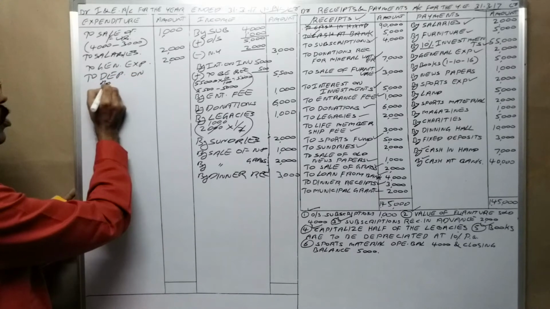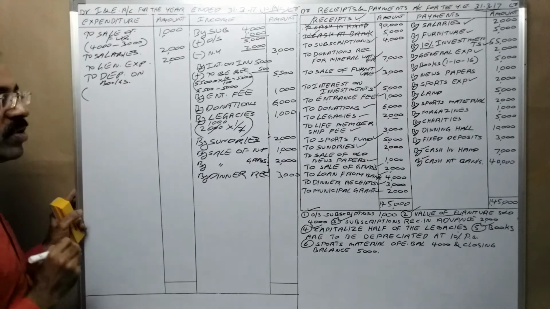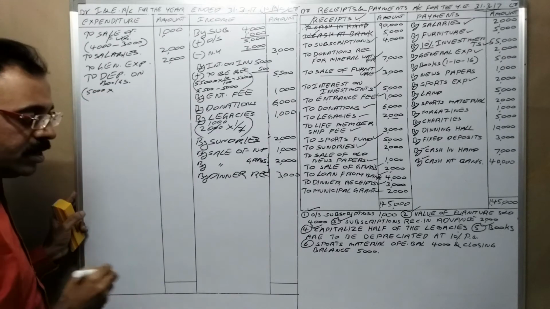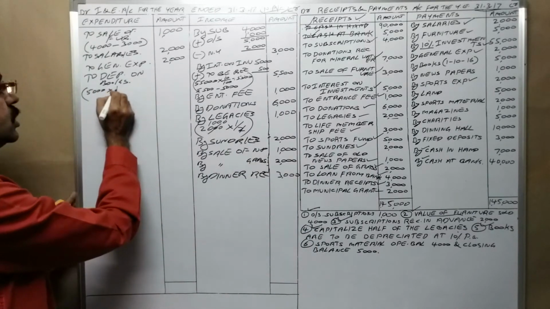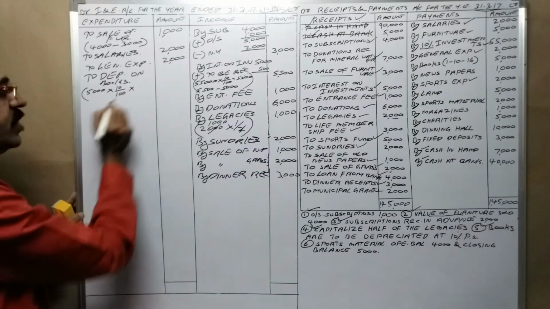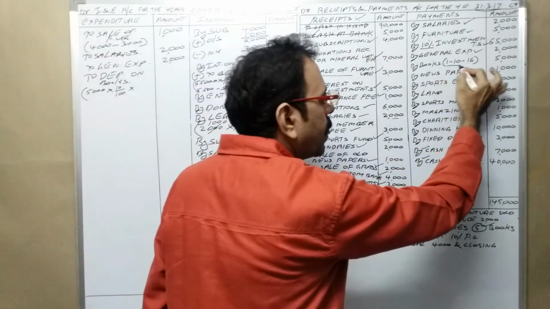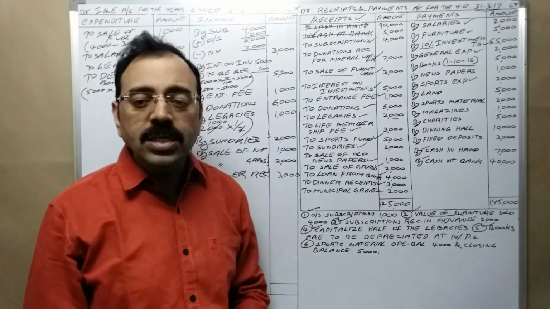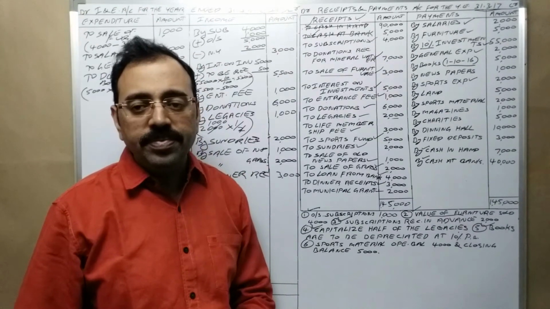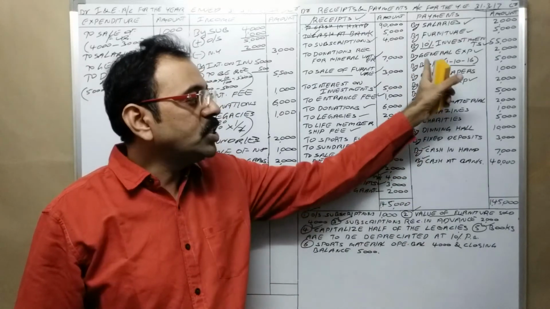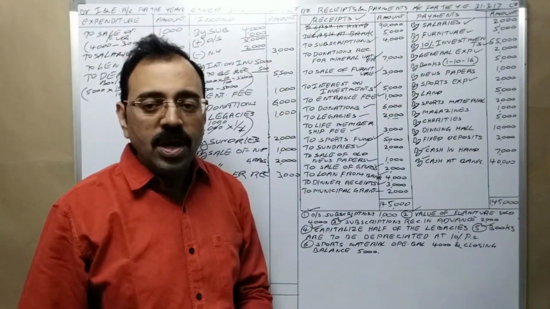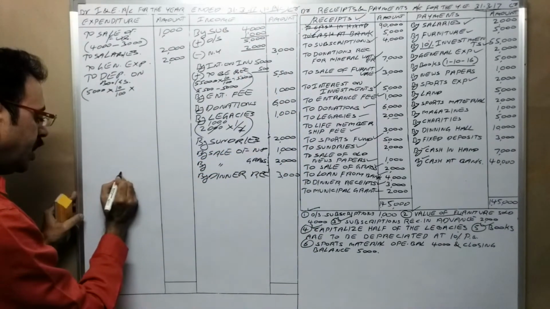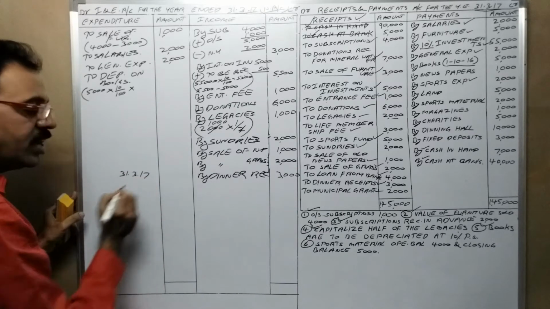Then, to depreciation on books. Books value is 5,000 rupees. And percentage 10%. Then, observe this date. If any date is given like this, then the meaning is it is the purchase date. We bought these books on 1st October 2016. Observe the current accounting period, 31st March 17.